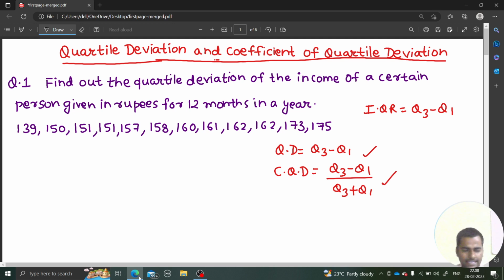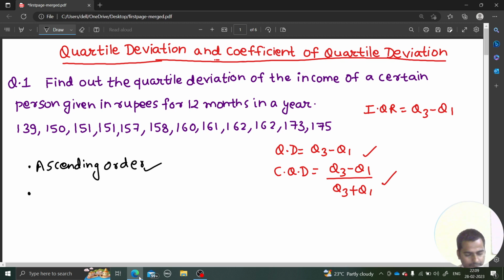In the first case, when data is given in this form, the first goal is to convert it into ascending order. My data is already in ascending order, so the first step is done.